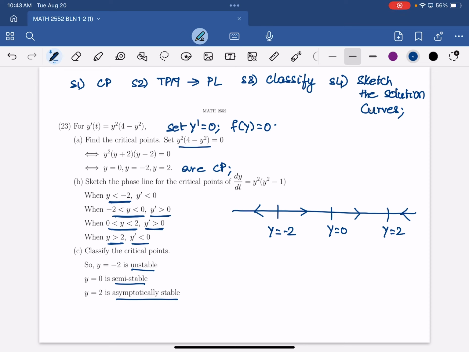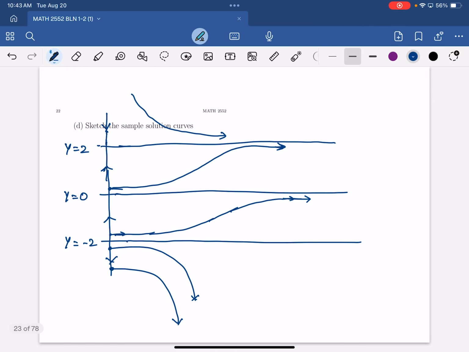So y double prime would be 8y minus 4y cubed. So computation would tell you that y equals 0 and y equals plus minus 1 over square root 2 are the possible candidates for the inflection point. Then you have to see if it changes the concavity or not.